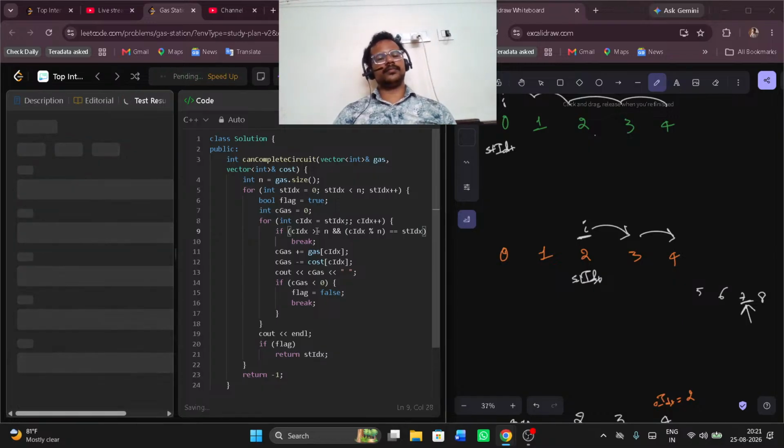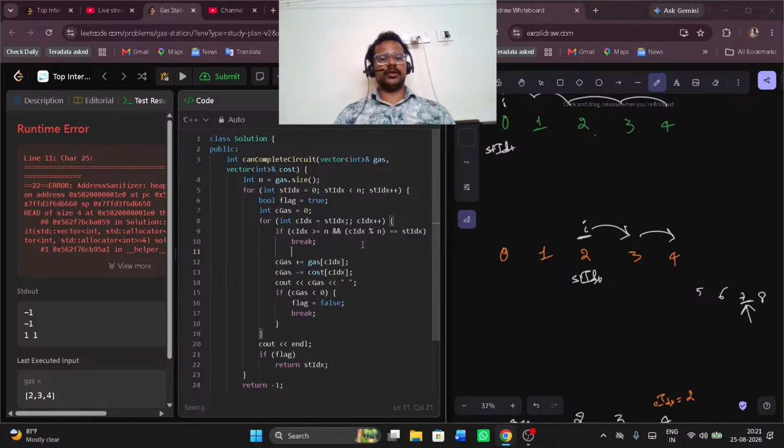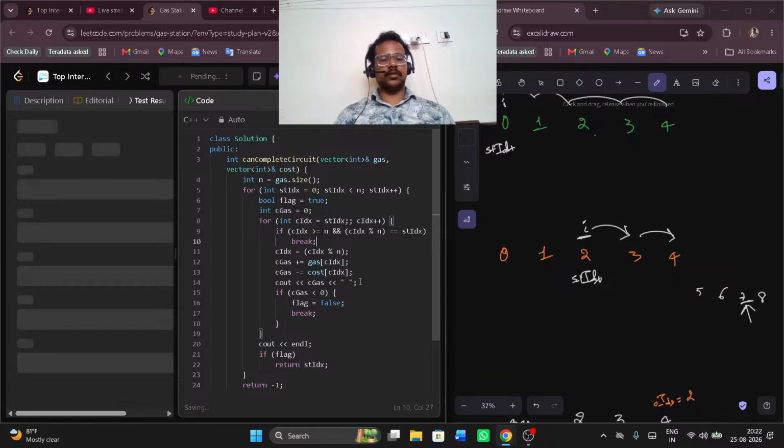Current gas is greater than current index. Oh, current index is equal to current index mod n. That's where I'm getting a wrong answer.